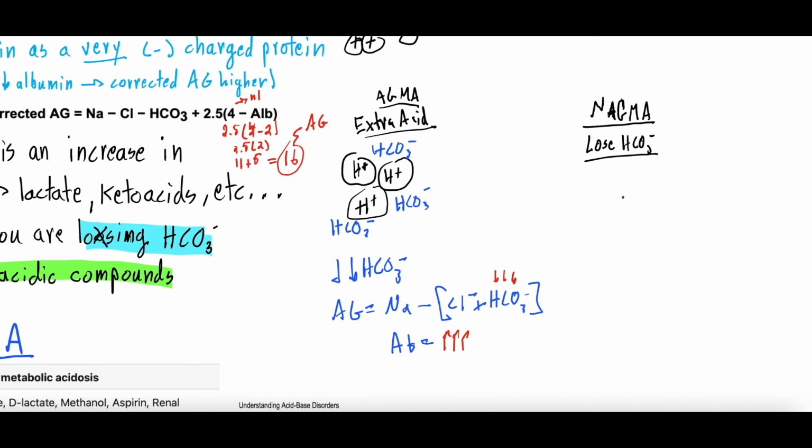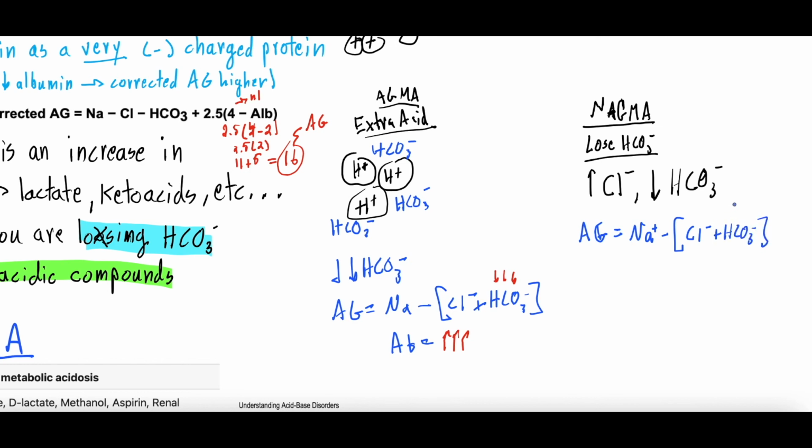All right. Something that happens, though, when you lose bicarbonate is you actually increase your chloride. Your body does this while you're losing your bicarbonate. And what happens here is if we look at the equation for anion gap, right? Anion gap equals sodium, unchanged, minus chloride plus bicarb.